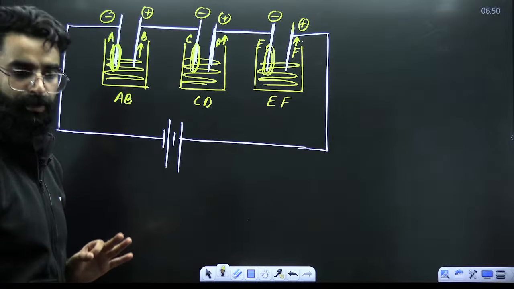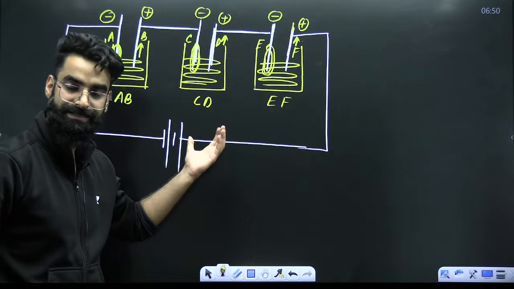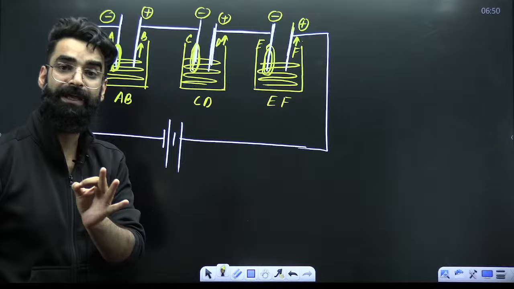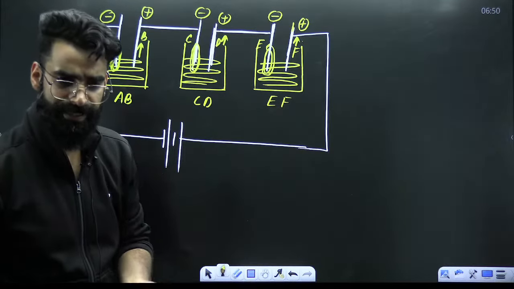Now, as far as Faraday's second law is concerned, whenever you have two or more electrolytic cells connected in series containing different electrolytes, the gram equivalence deposited or liberated at every electrode will be the same.